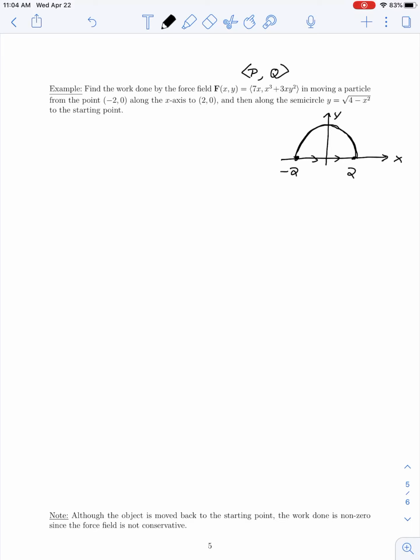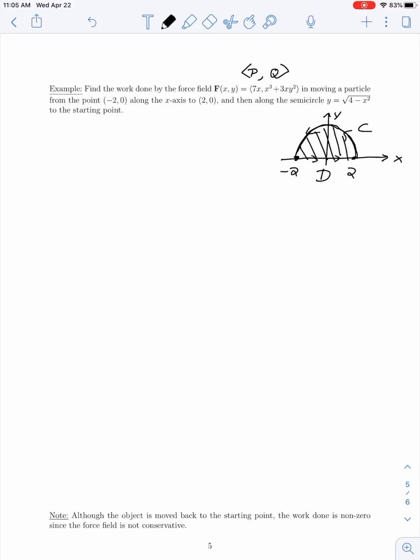So we're moving along that back to our starting point. So we're traversing this closed curve C in the counterclockwise direction, so it has the positive orientation. And this is bounding an upper half disk, which I would call D.